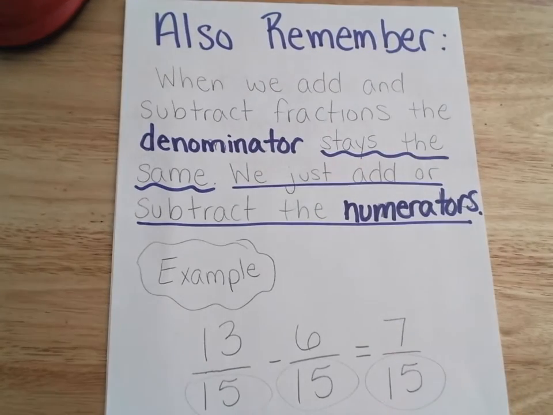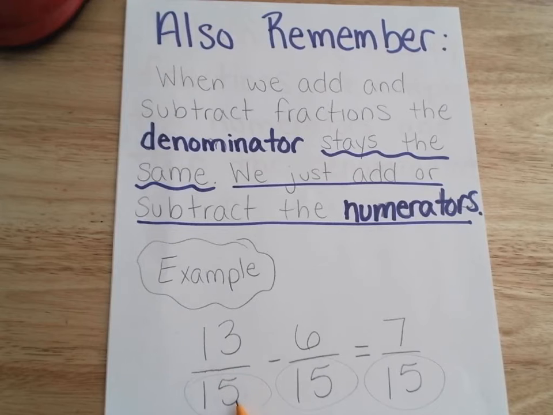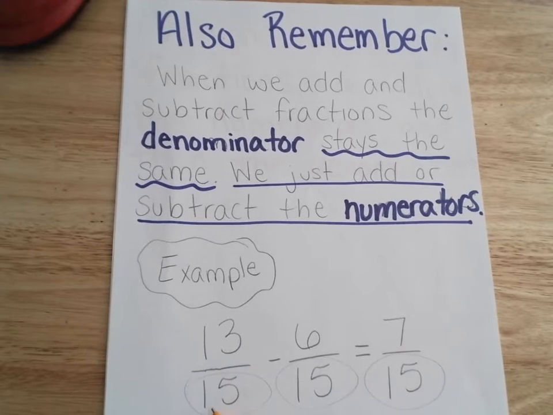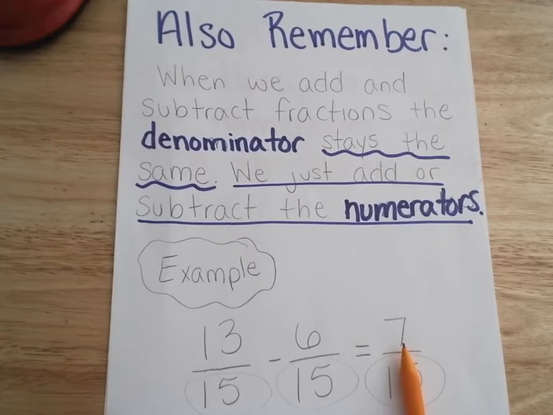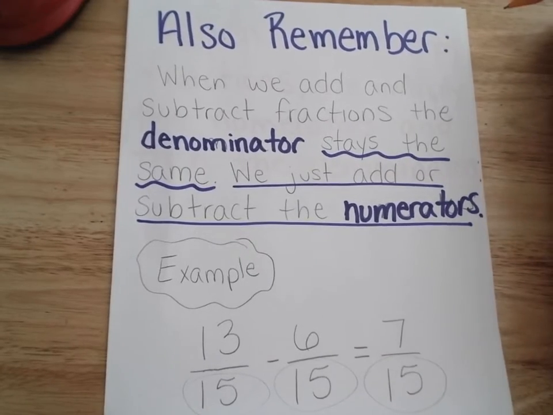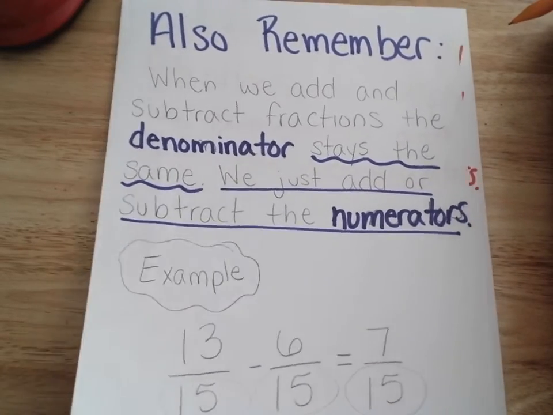So here's my example. If I have 13 fifteenths and I'm subtracting 6 fifteenths, it would equal 7 fifteenths. The 15 stays all the way across, and I do 13 minus 6, and I get 7. I hope you guys are remembering that, because we've been practicing that a lot, and you guys have been awesome with it. So today we're going to learn how we do multiplying fractions.